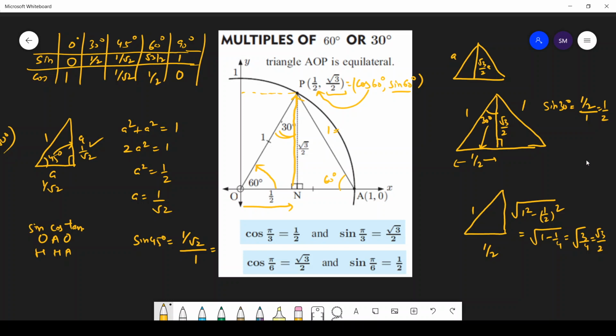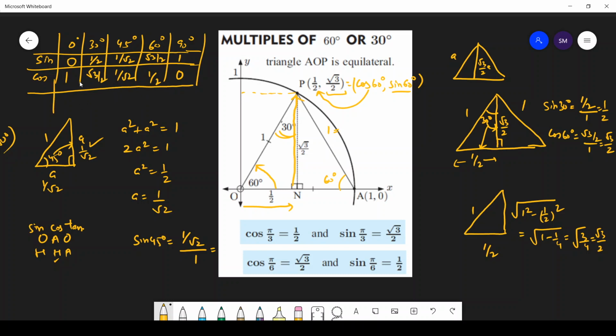What will be cos 30 degree? Cos 30 is adjacent upon hypotenuse. So what is the adjacent side to 30 degree? That's root 3 by 2 divided by hypotenuse 1. So cos 30 will be root 3 by 2. So this way we have completed this table.